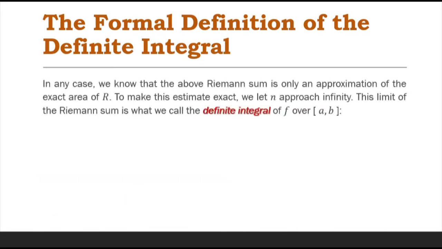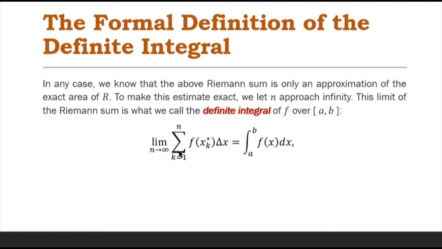In any case, we know that the above Riemann sum is only an approximation of the exact area of R. To make this estimate exact, we let n approach infinity. This limit of the Riemann sum is what we call the definite integral of f over the closed interval [a, b].